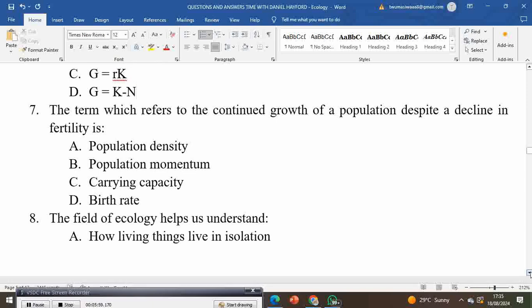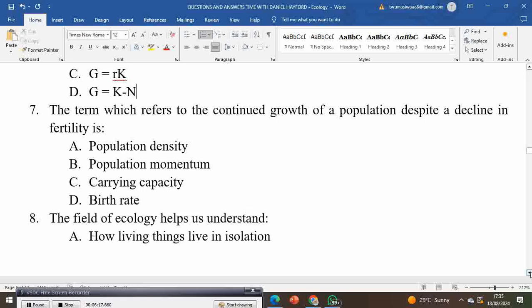Question number 7. The term which refers to the continued growth of a population despite a decline in fertility is option A, population density, B, population momentum, C, carrying capacity, and D, birth rate.